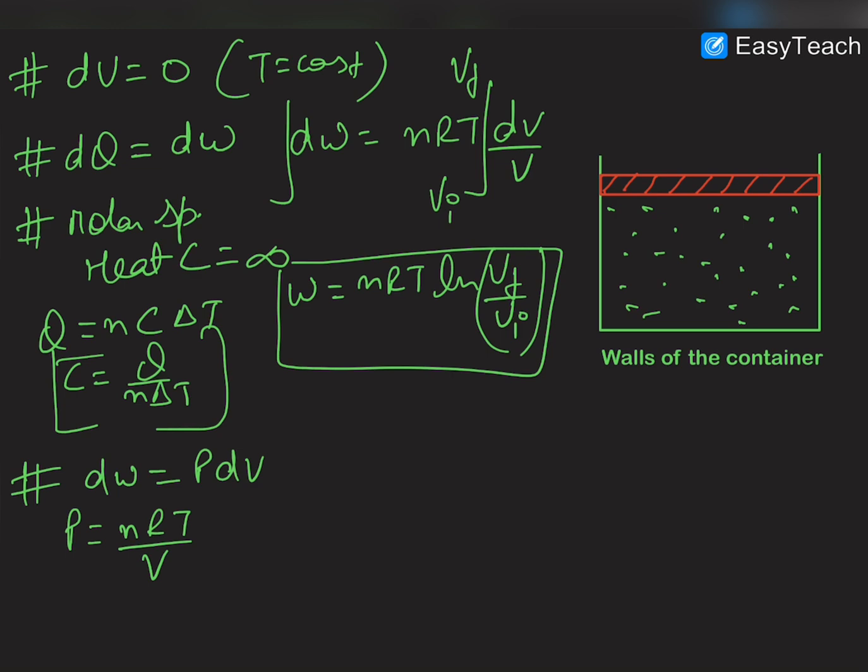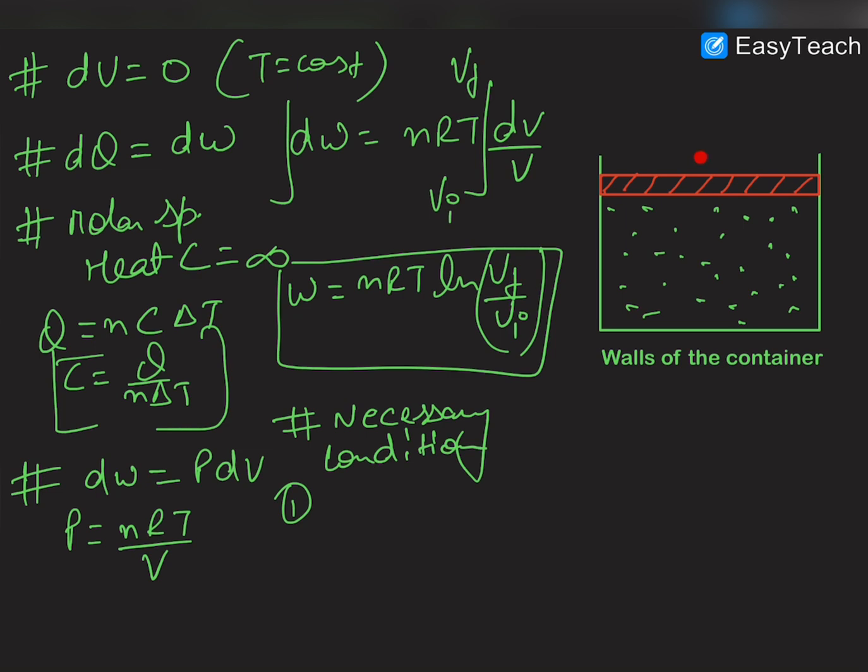Now let us discuss the necessary conditions for an isothermal process. The necessary conditions are two. First, let us discuss an example.